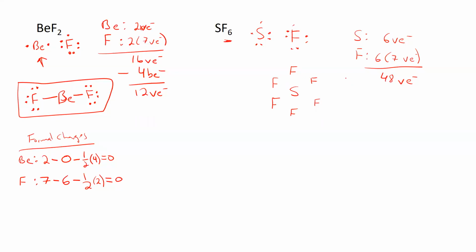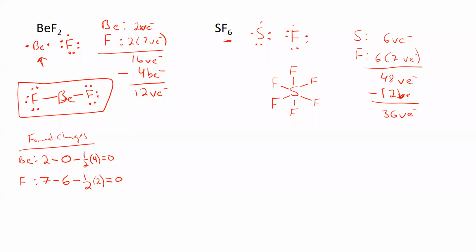Okay, so they're placed now, and we draw a bond between each fluorine and the sulfur. 6 bonds now. And so those 6 bonds account for 12 valence electrons. So we subtract off 12 bonding electrons, okay? And we're left with 36 valence electrons remaining.